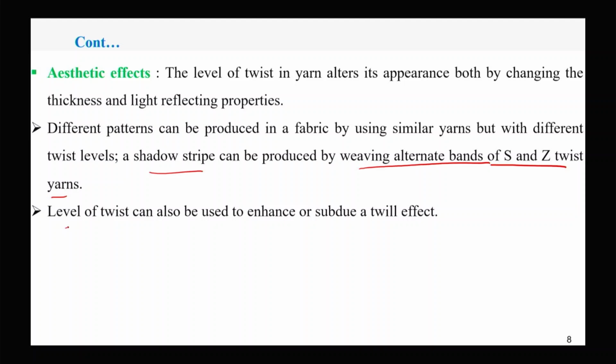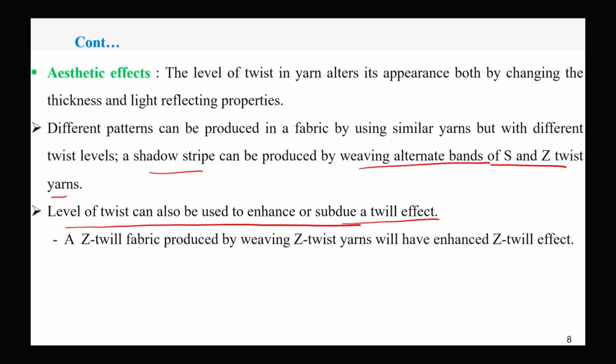The level of twist can also enhance or subdue the twill effect. A twill effect can be enhanced or subdued depending on the direction of twist. If the twist direction is the same as the twill direction, then the twill effect will get enhanced due to the light reflection.